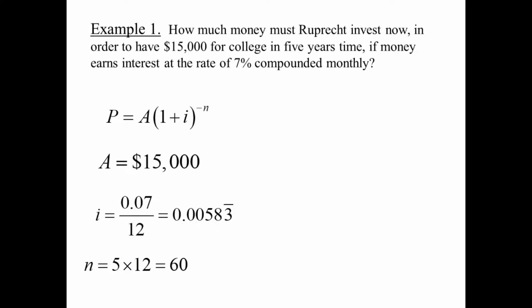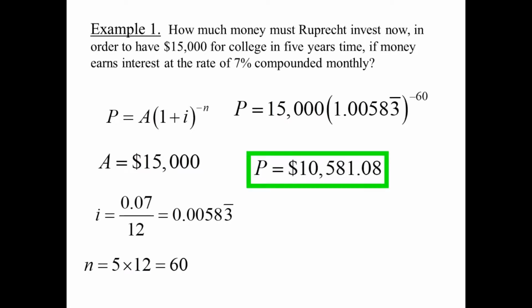And so our intention is to plug them all into the present value formula, use your calculator, and we get a present value of $10,581.08. What this means is that if one were to invest this amount, it would mature to $15,000 in 5 years.